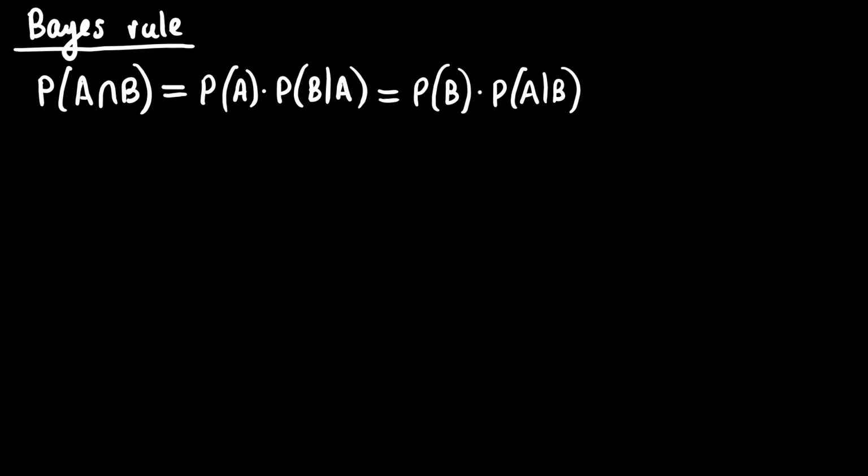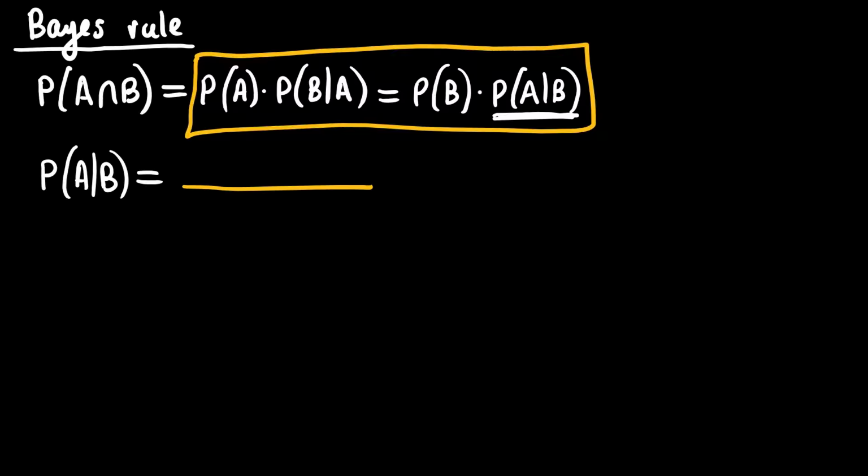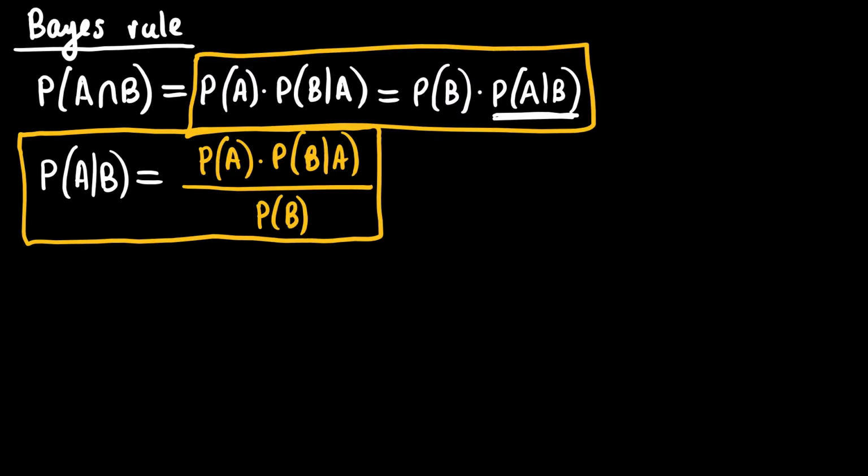Now imagine that we're interested in the term on the right, the probability of A given B. Then from this second equality, we can write it as the ratio where in the numerator we have the probability of A times the probability of B given A, and in the denominator the probability of B. So this is Bayes' rule in its simplest form.